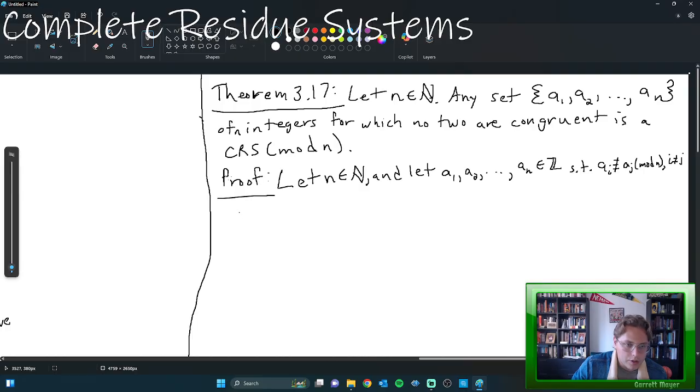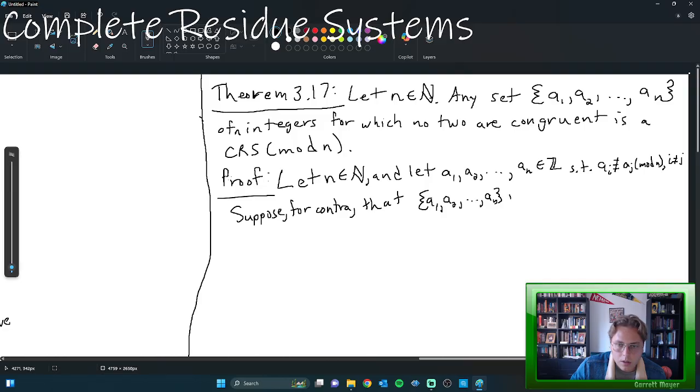So what we're going to do is suppose for contradiction that a1, a2, ..., an is not a CRS mod n.